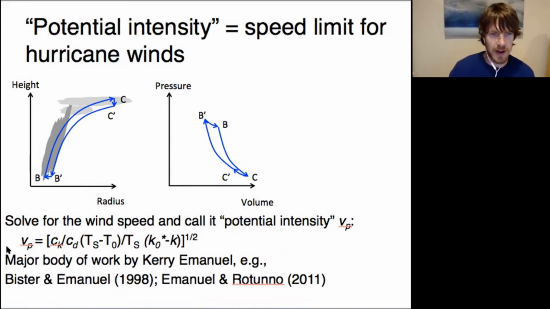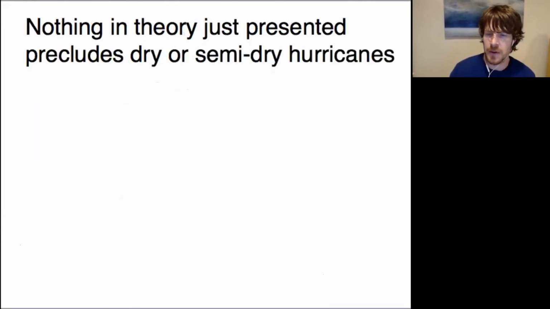So there's a lot of work by Kerry Emanuel on this. And the main thing that I want to highlight is that nothing in the theory that I just presented about potential intensity assumes that there's moisture in the system. The exact way that the ascent leg and the subsidence leg work out in temperature-entropy space is affected by moisture, but a similar sort of heat engine could operate in a perfectly dry atmosphere as well.